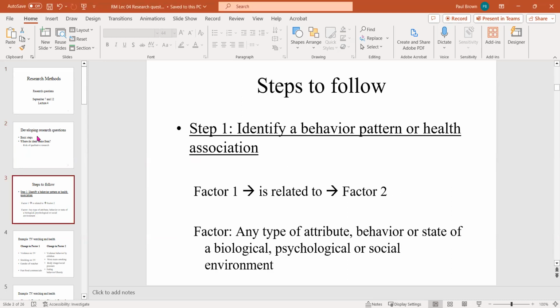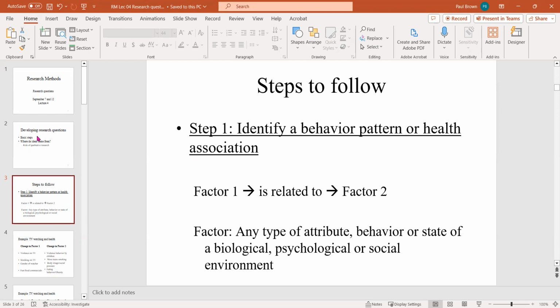Okay, so we talked about that when you come up with a research question, you're coming up with a causality, saying a change in factor 1 causes a change in factor 2. So let's take umbrellas and rain. You notice that when it rains, people carry umbrellas.